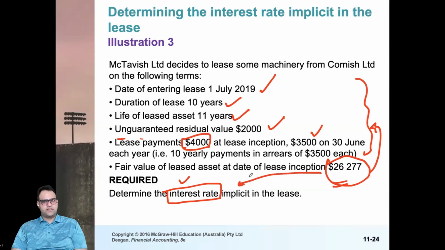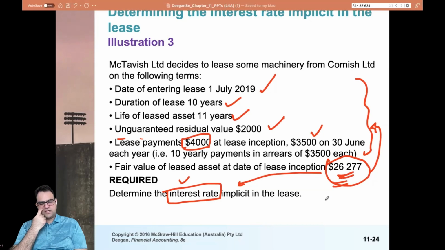The fair value of the asset came up after discounting to present value. So if we discount the cash outflows to present value and the value equals 26,277, it means the rate we are using is similar to the interest rate.